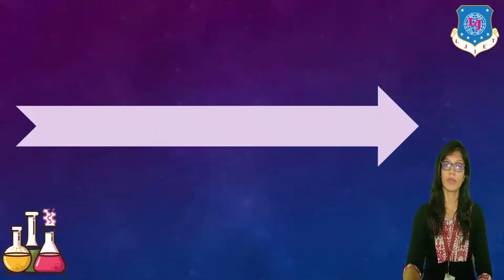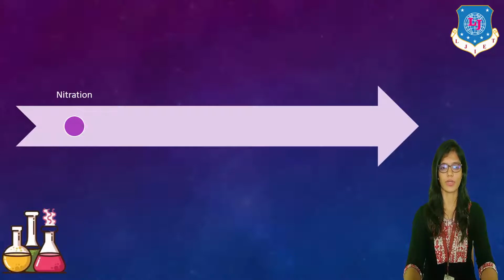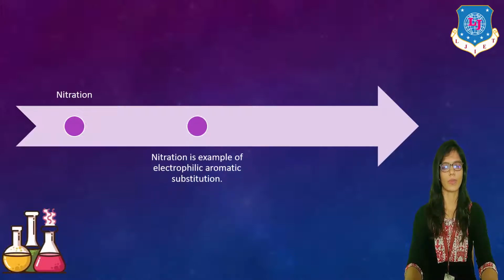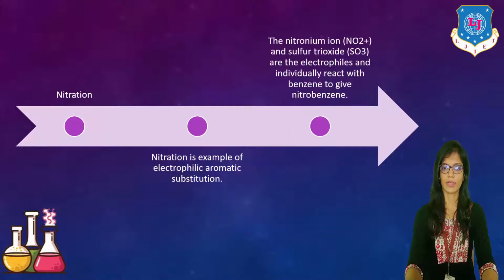We will first begin with the reaction known as nitration. Nitration is an example of electrophilic aromatic substitution, and the nitronium ion, which is NO2 plus, and sulfur trioxide SO3, are the electrophiles, and they individually react with benzene to give nitrobenzene.